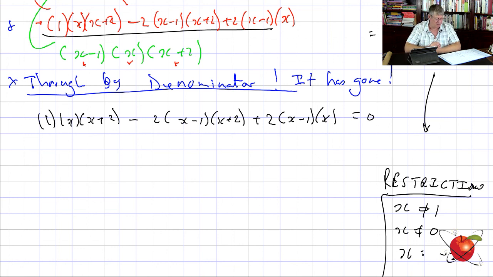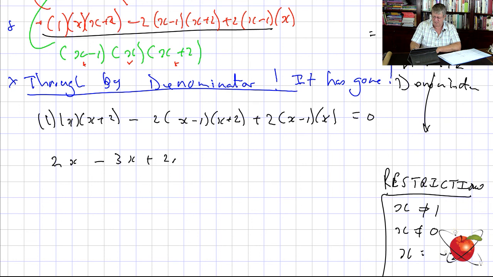Then basically you simplify the numerator. At this stage, I call this dropping the denominator. So if I multiply this out, and it's a long process, I end up with 2x minus 3x plus 2x plus 6 equals 0.